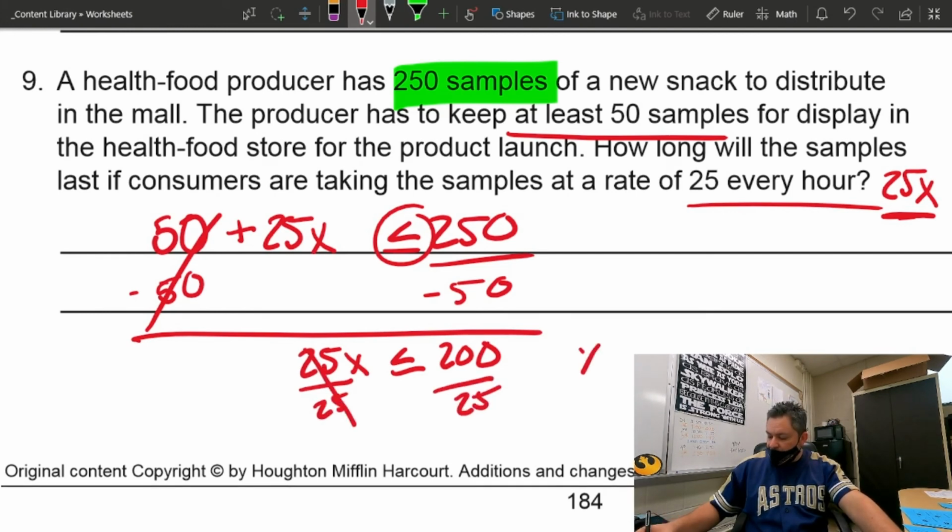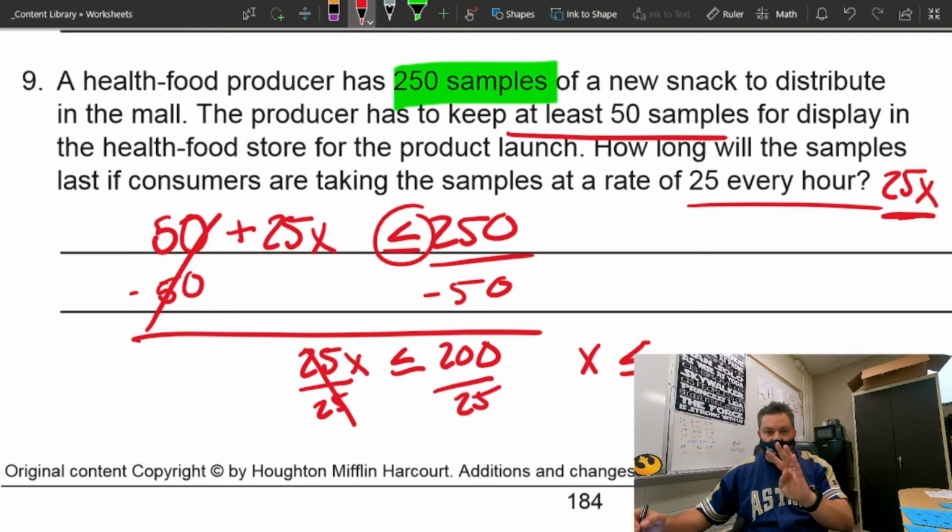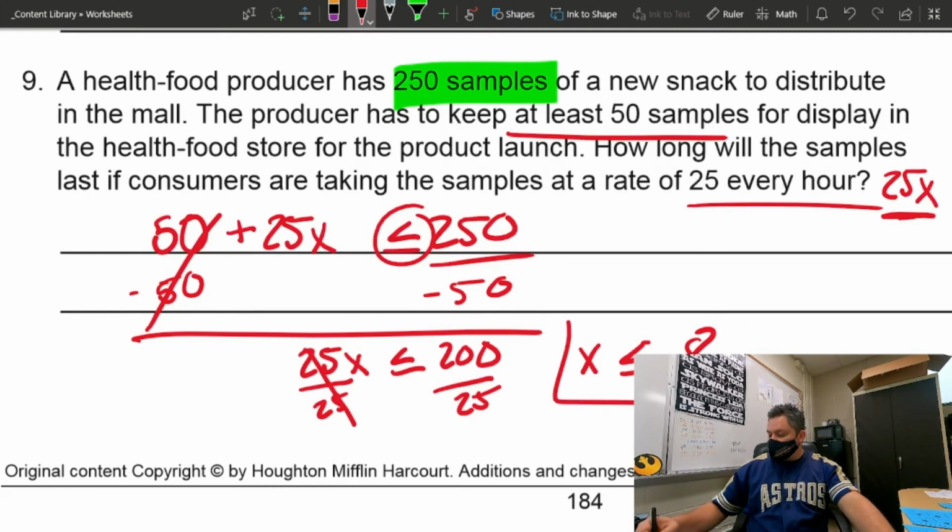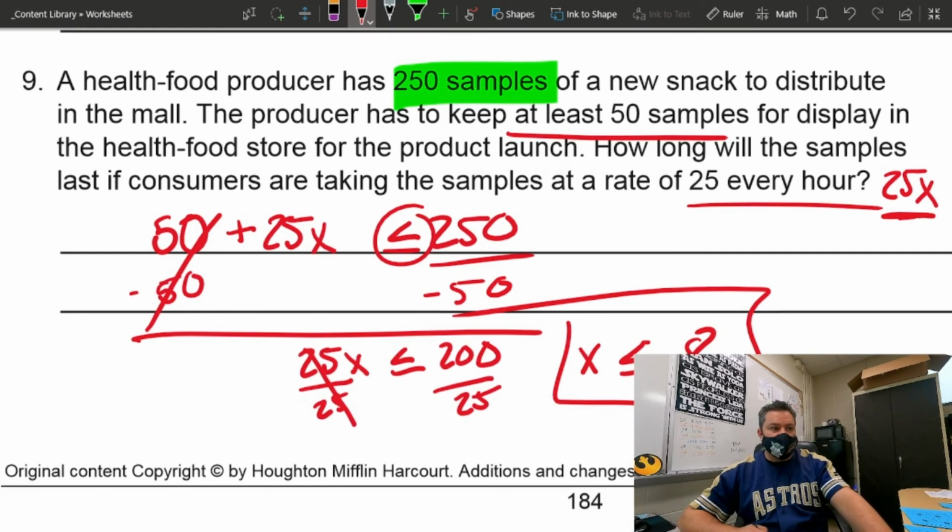So my x is less than or equal to how many hours? 10? Oh, no. Let's think about money. How many quarters in $2? 8. There you go. x is less than or equal to 8.